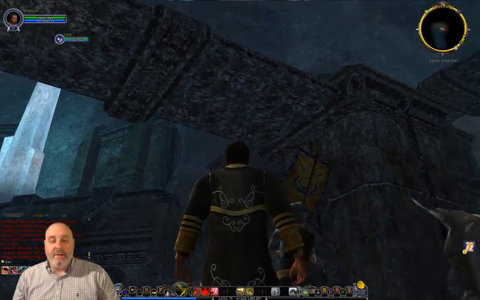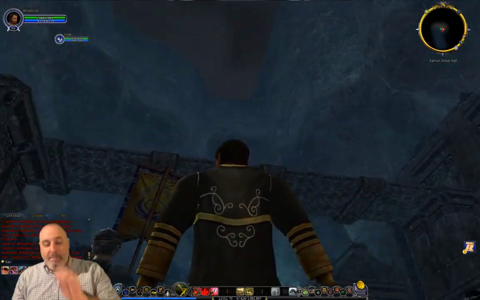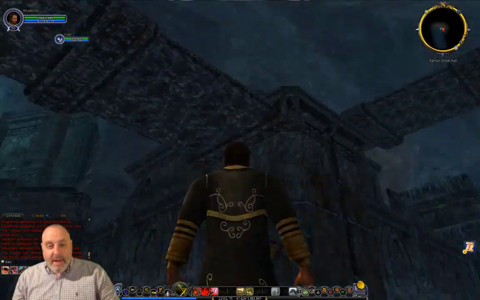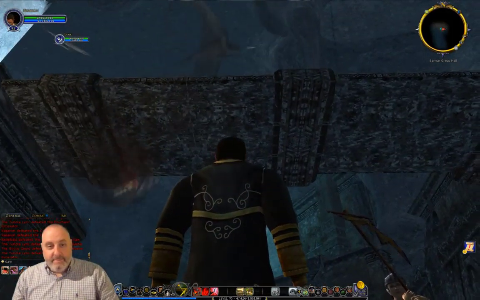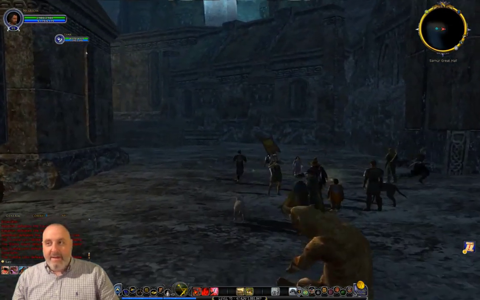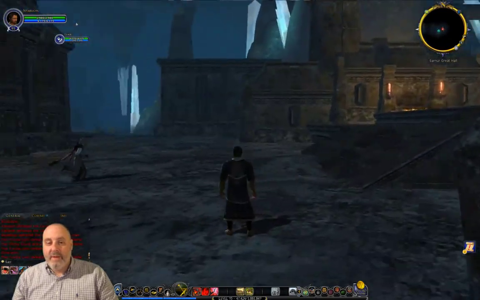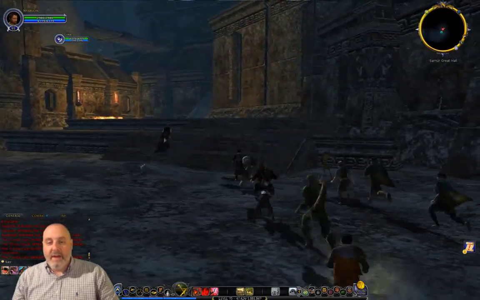All right, so here are the bridges. Bridges like this are presumably the ones that were taken out by the Longbeards, and they're not real interesting. Notice we don't have any of those blue stones in there that we get in Longbeard architecture, the ones that look kind of like blue quartz.